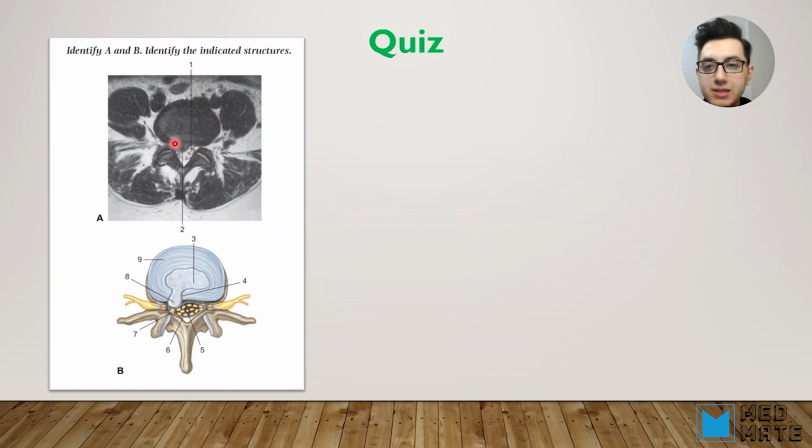Number 1 is the spinal cord, and 2 is the herniation of the intervertebral disc. I told you the inner portion is the nucleus pulposus, and the annulus fibrosus is the outer portion of the intervertebral disc. This herniation is putting pressure on the spinal cord. I think I've named all these structures here.